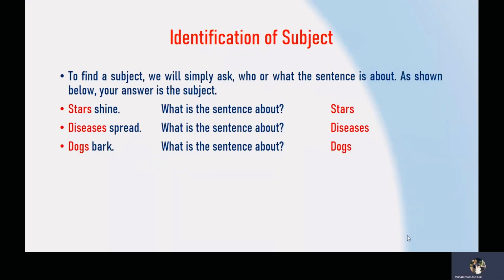Similarly, diseases spread. What is the sentence about? It is about diseases. So, diseases is the subject of the sentence. Similarly, we have this third sentence, dogs bark. So, once again, what is the sentence about? It is about dogs. So, dogs is the subject of the sentence.